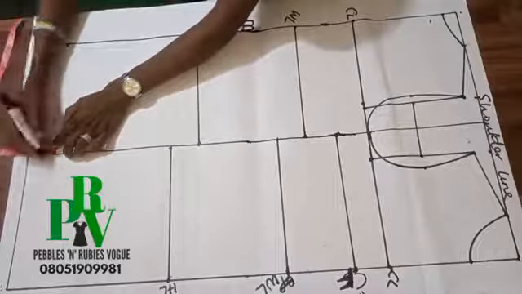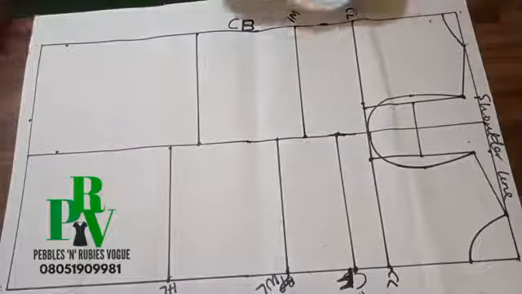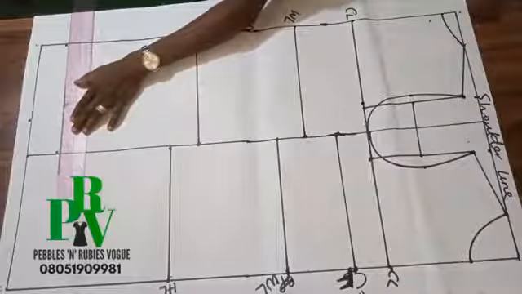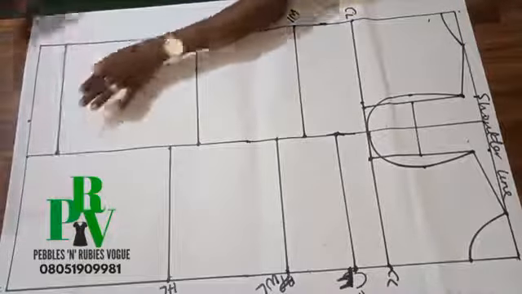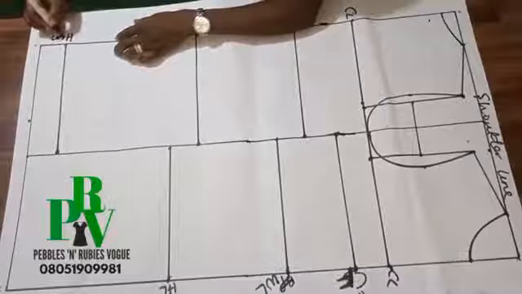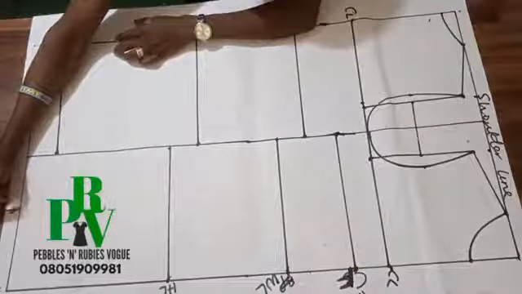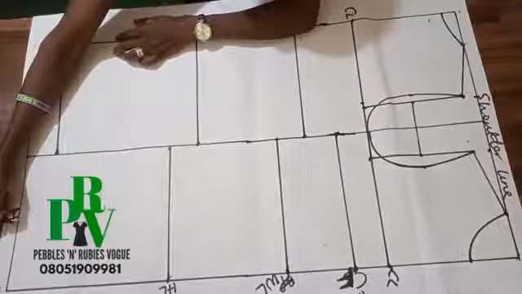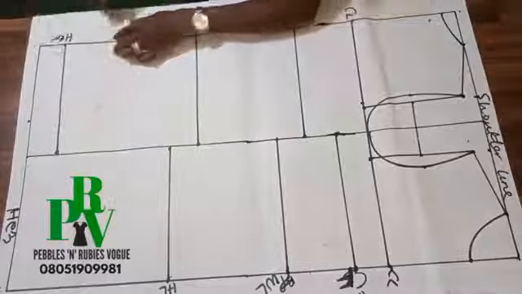So that means the back block is 2 inch lesser than the front block. So I'll connect that horizontally as well. So this represents our hem line for the back block. This is the hem for the back block, and this is the hem for the front block. Okay.